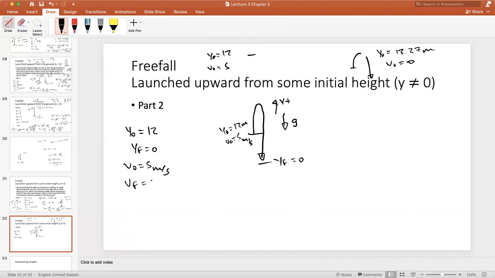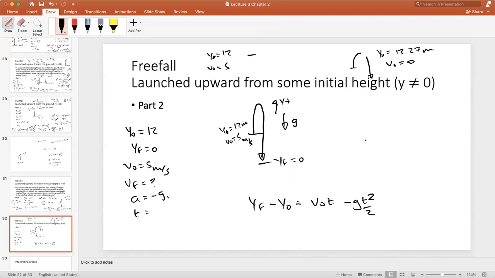V final we don't know; we're going to find that in a minute. A is minus 9.81, minus g is fine. T: we want total time. We know v initial, y final, y initial, and a. So that should immediately tell us, let's use this to find time.